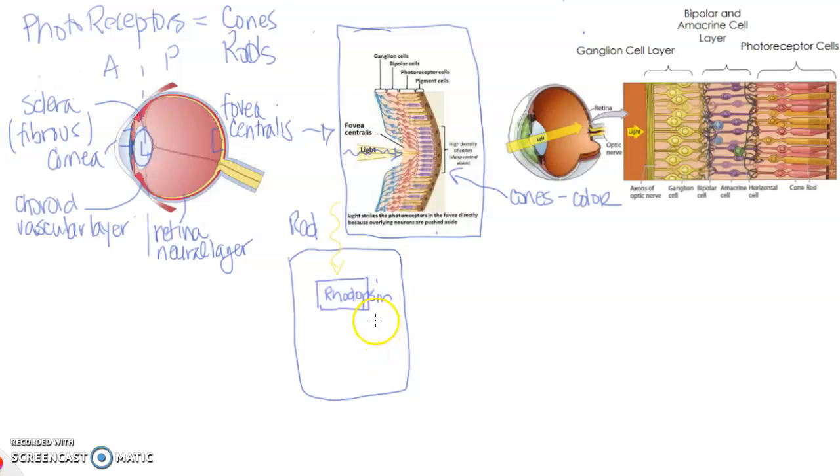Rhodopsin. Okay, so rhodopsin is a chemical that once light hits it, it breaks it up. So it breaks this rhodopsin into basically two components: opsin and retinol.